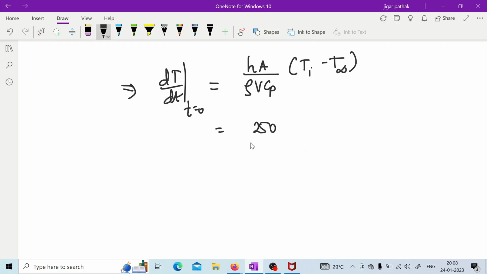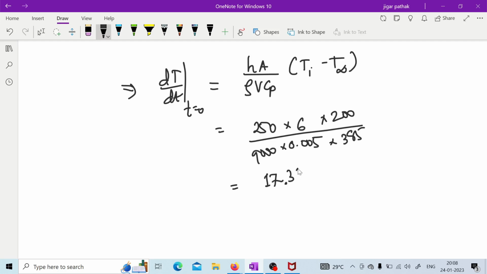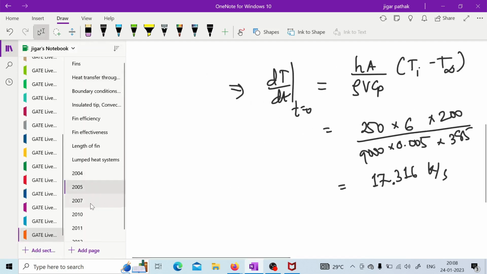So V by A I will write as 0.005 divided by 6, right? And here rho is given as 9000. Is it 17.316? Yes, correct. So if you put all these values, you will find it as 17.316 Kelvin per second at t equal to 0. So this is how you can get this rate of change.